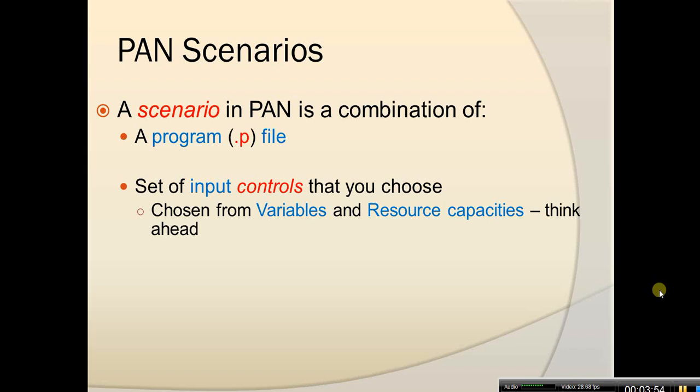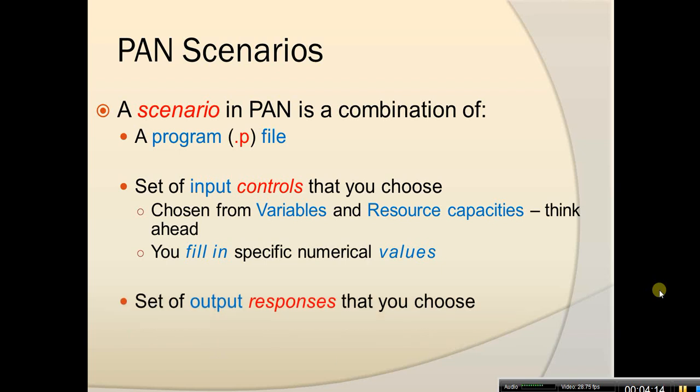These input controls can be chosen from variables and resource capacities. So you need to think ahead of what kind of changes you want to make, right? What will be your input control to define those variables. And then you fill in specific numerical values.